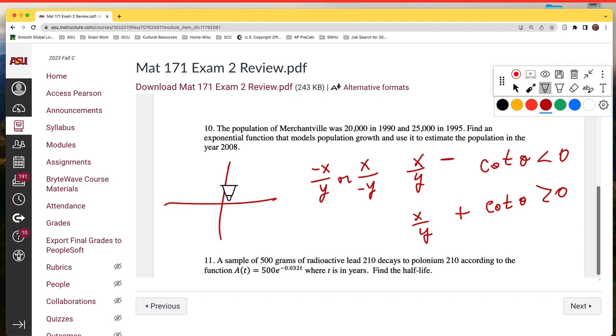X is negative in the second and the third quadrant, but y is positive, and so it could be here in the second quadrant. So we know that cotangent is less than 0 in this quadrant, or it would happen where x is positive but y is negative. Well, x is positive either in the first or the fourth, but y is only negative in the fourth, so this would be the other part.